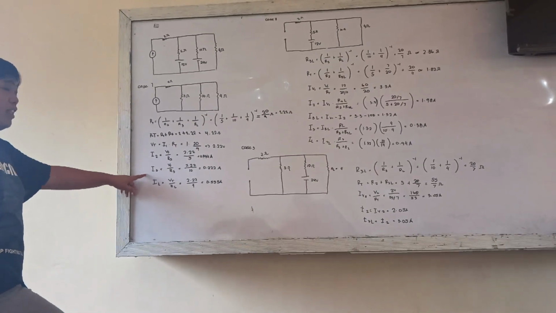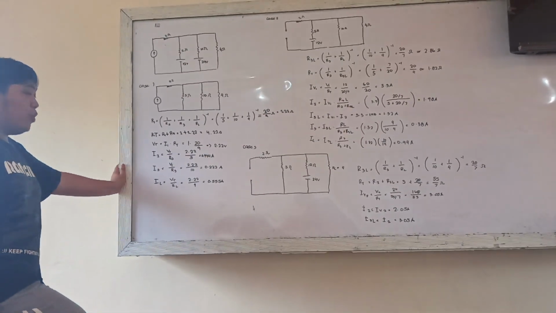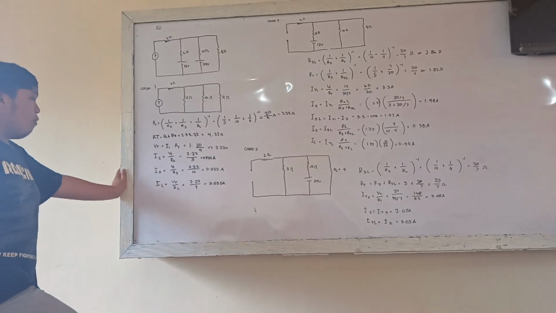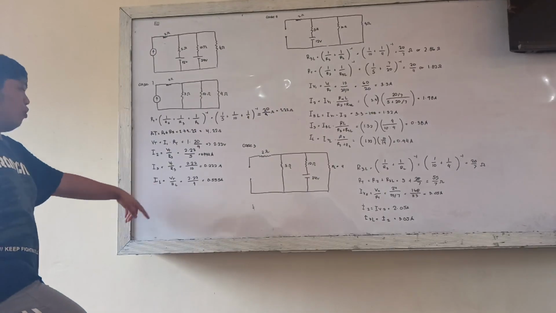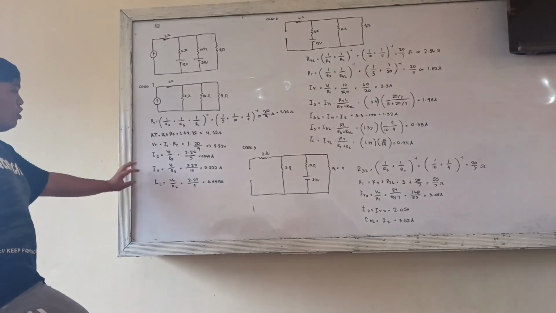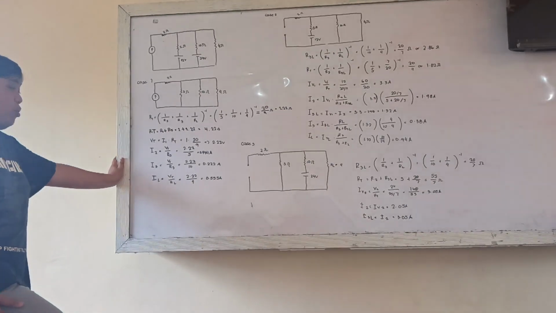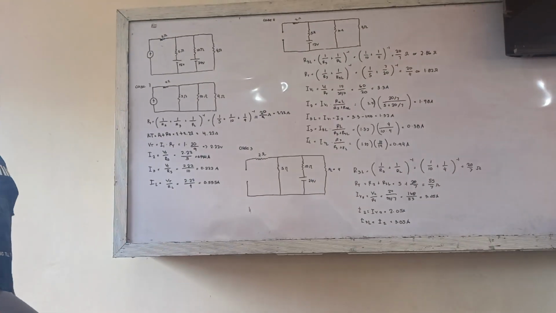For I3, same process, VT over R3 is equal to 2.22 over 10 is equal to 0.22 amps. For IL, same process also, but we change the resistance to RL. Substituting, 2.22 over 4 is equal to 0.555 amps.